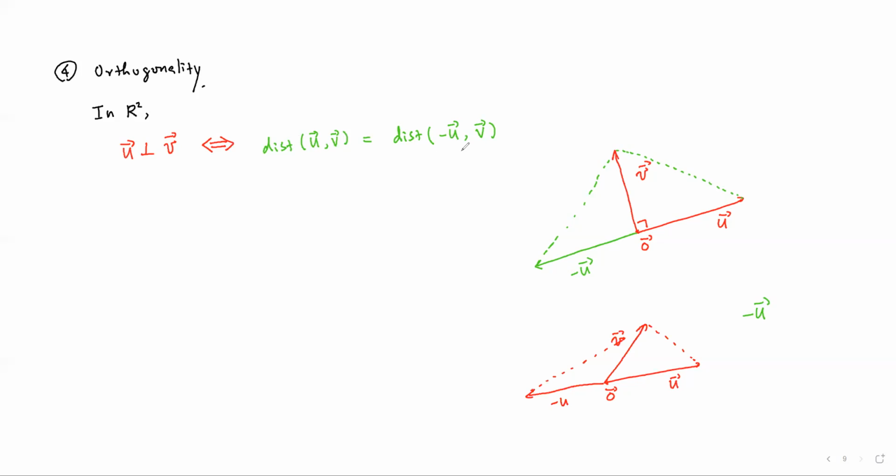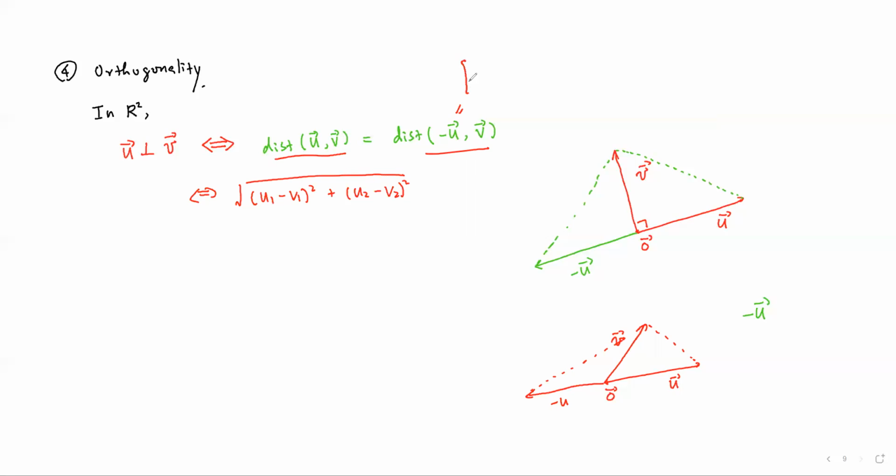Now by the distance formula, with u and v in R2, this distance is the square root of the first entry minus first entry squared plus second entry minus second entry squared. How about this other distance?